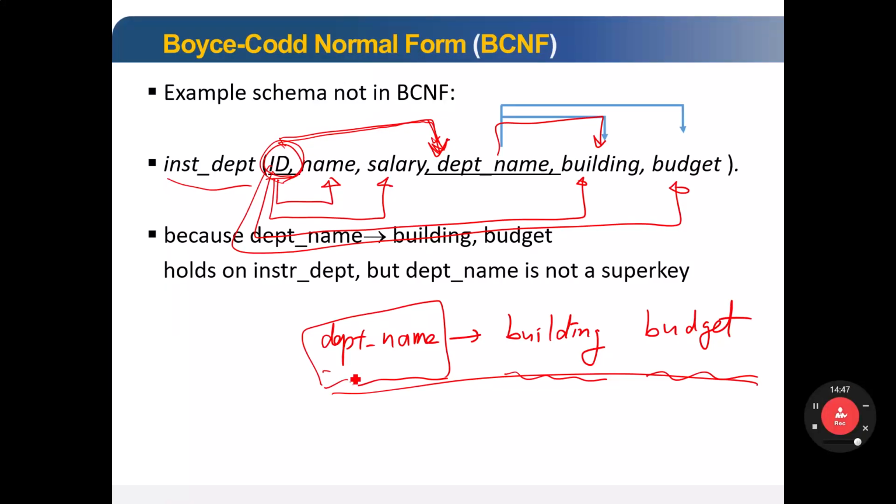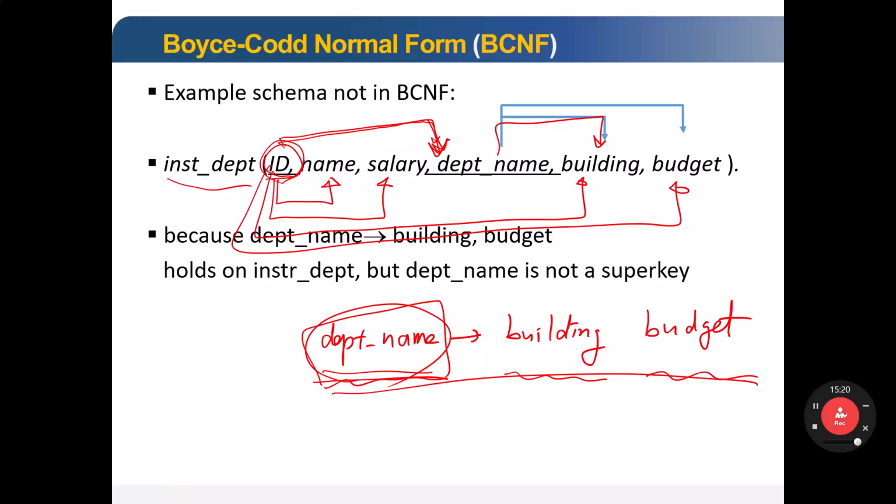No. Department name alone does not determine the name of the instructor. It doesn't determine the salary of the instructor. There can be multiple records with the same department name. Therefore, department name alone is not a superkey, and that is why this table is not in BCNF, and this table is considered bad. It is bad design.